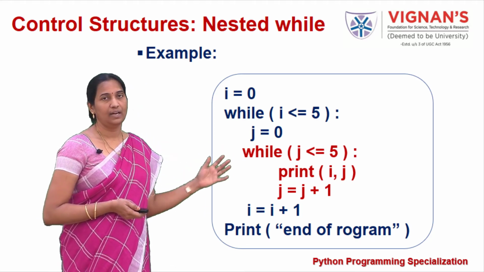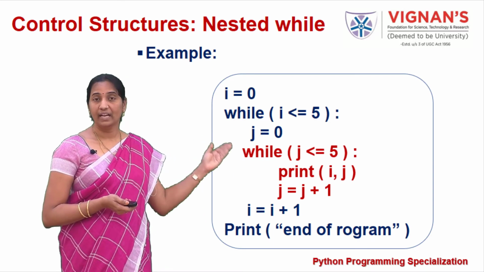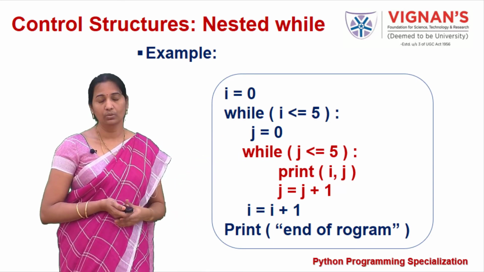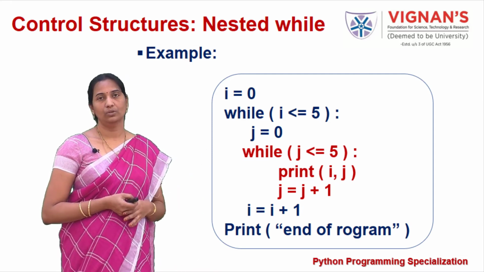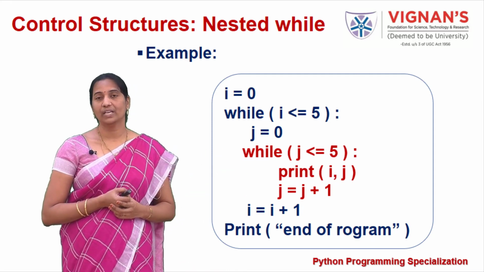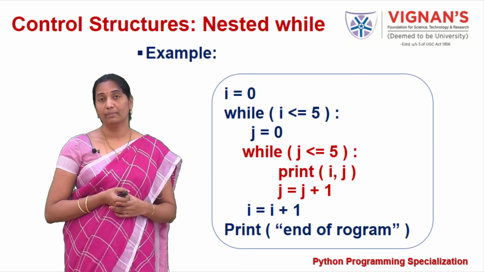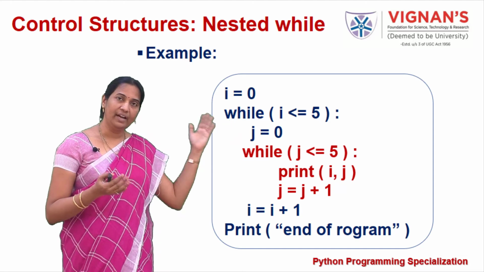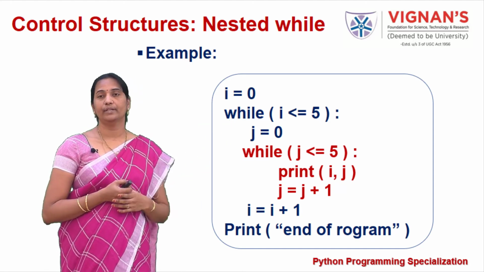So if you consider the working of this, i value is initialized to 0, then while i less than or equal to 5 is true, j is initialized to 0, then the condition is tested, while j less than or equal to 5, which is also true, then you are printing the message i comma j. So with i value and j value 0 0 displayed, j value is incremented to j plus 1.